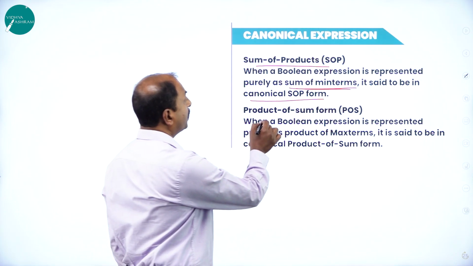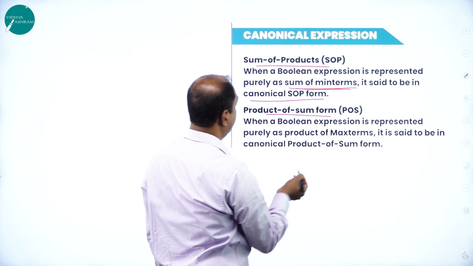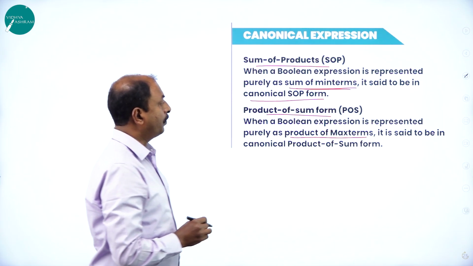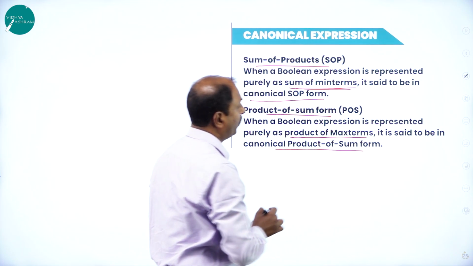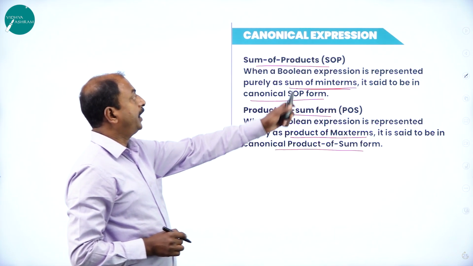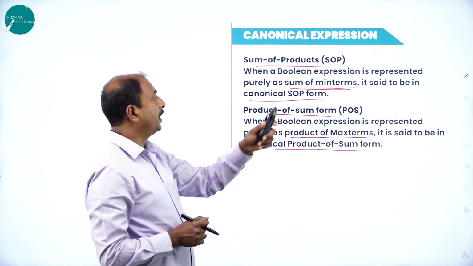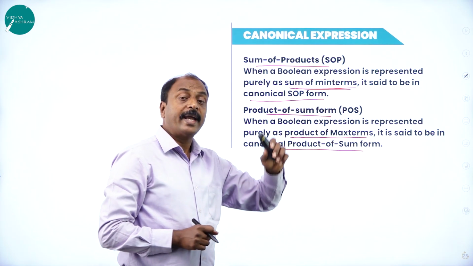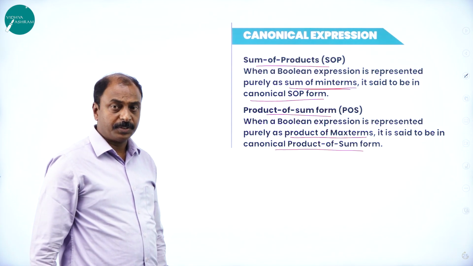And in product of sums, when a Boolean expression is represented purely as a product of Maxterms, it is said to be in canonical POS form. Please observe that in SOP form we consider the Minterm expressions, and in POS form we consider the Maxterm expressions. These are the two forms of canonical expression.